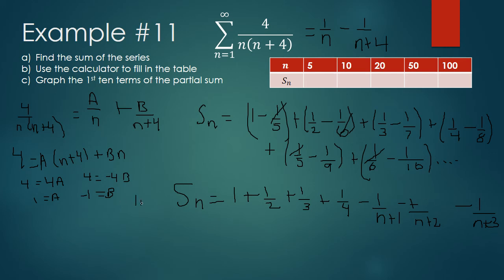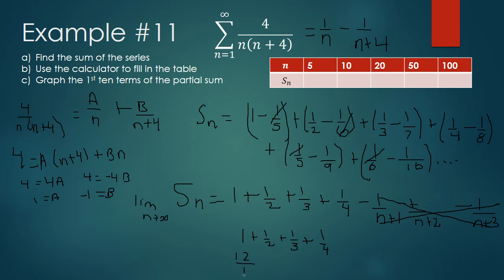So now if I add a limit here, as my partial sums go to infinity, all of this becomes 0 over here. So all I have left is 1 plus a half plus a third plus a fourth. Now I need a common denominator. My common denominator is going to be 12.